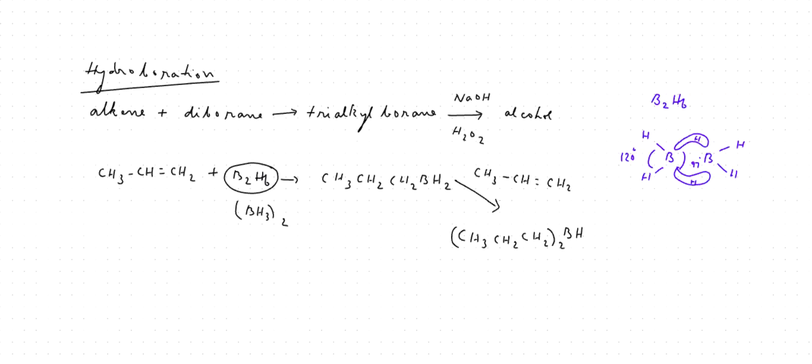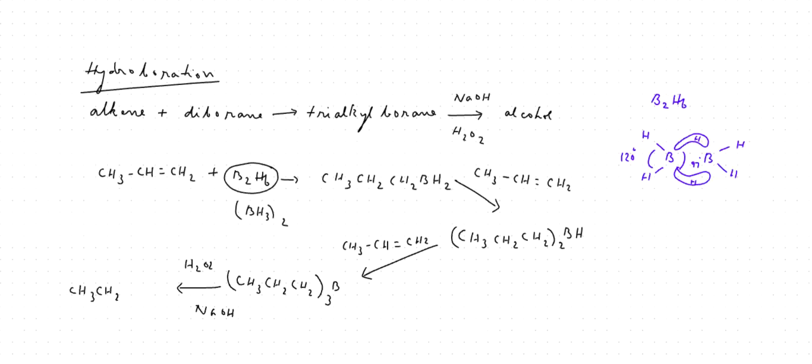Then this again reacts with CH3 CH double bond CH2, giving CH3 CH2 CH2 thrice B. So when this reacts with hydrogen peroxide and sodium hydroxide, you are getting CH3 CH2 CH2OH and boric acid, BOH thrice.